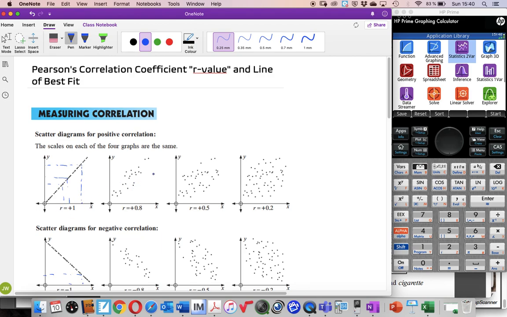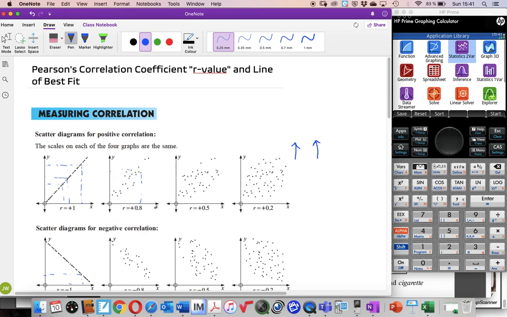Other real life variables will have a strong positive association. And by positive, we mean that as one variable increases, the other one increases with it. So the typical school example is perhaps, well, the more hours that you study, the better grades that you get.